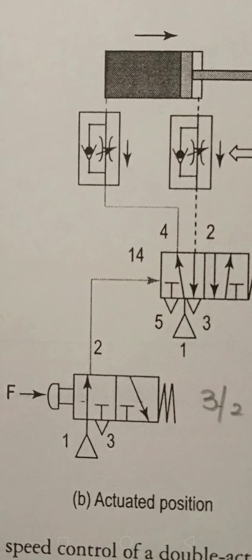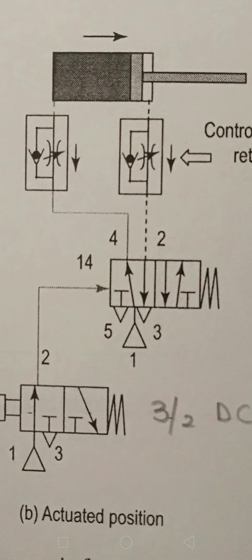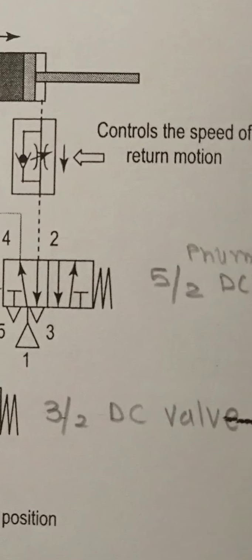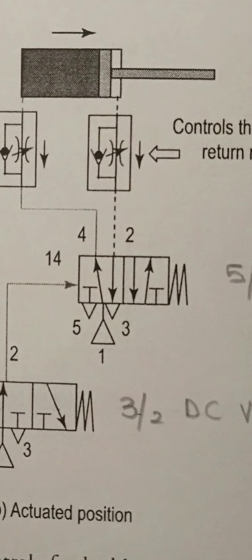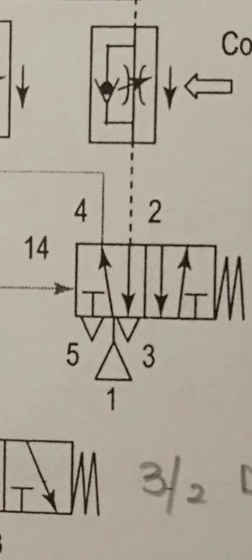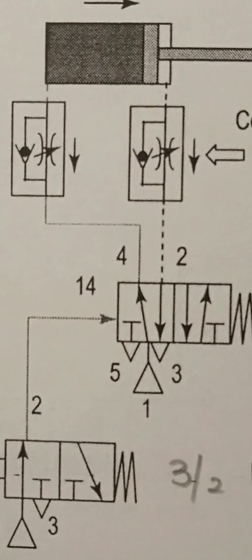And from the right port of the piston, the air goes back through the speed control throttle valve to number 2, and through 3 it is getting exhausted. So this is how it works.